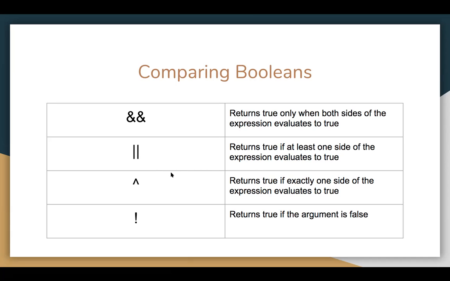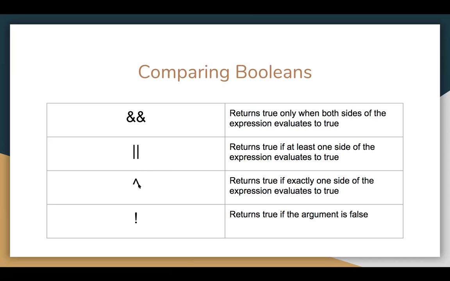If one side was true and the other side was also true, then it would also evaluate to true. If false was on both sides, then it would evaluate to false. Again, you'll see more of how to use it in a few more slides.